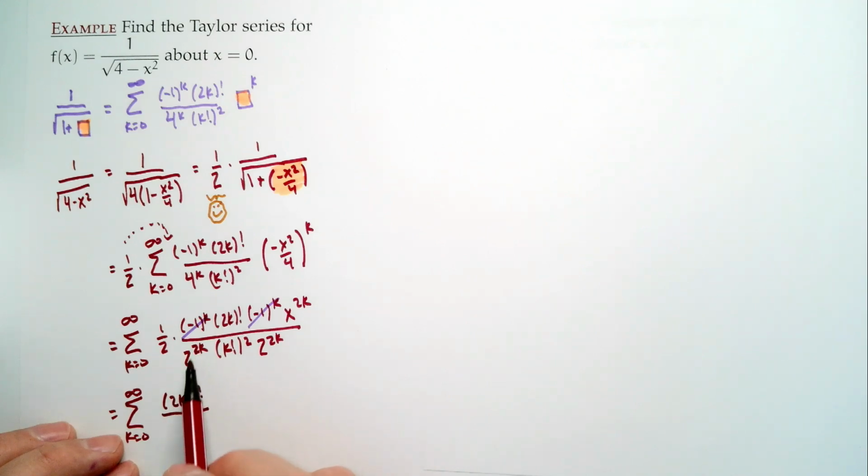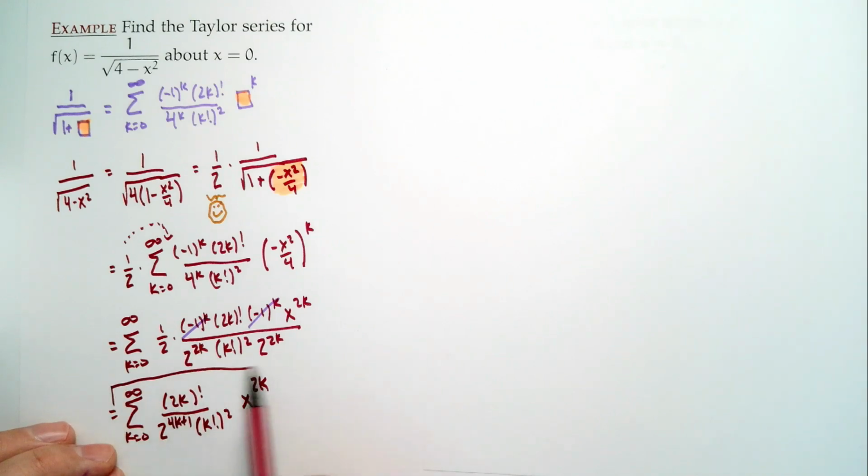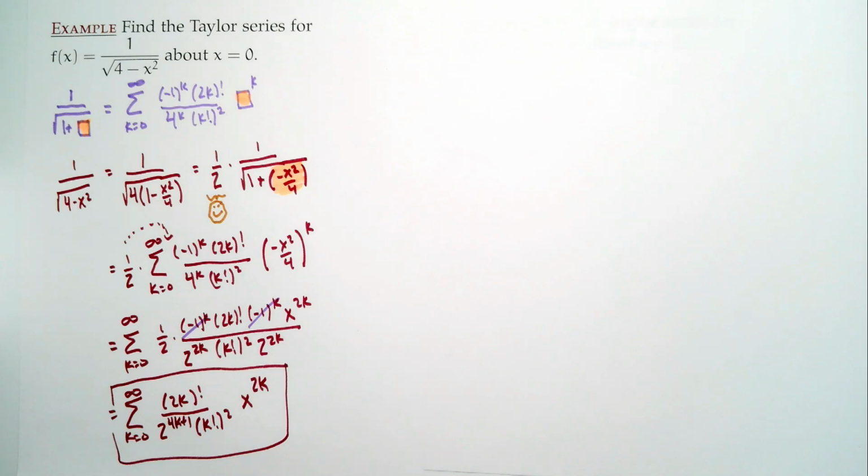Downstairs you have 2 to the 2k, 2 to the 2k, and one more 2. So that's 2 to the 4k plus 1. You add the exponents, 2k plus 1. And then there's a k factorial squared, and then finally an x to the 2k power. And there you go. That's the answer. That's the Taylor series that we were looking for.